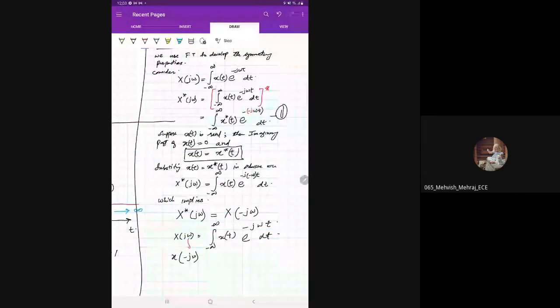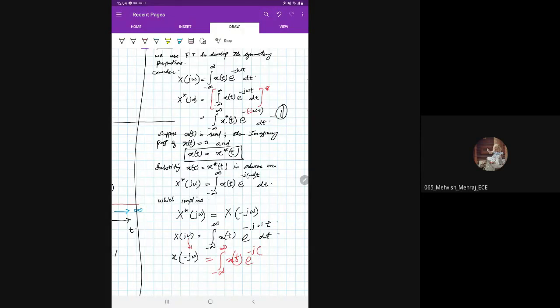So what is the difference here between this and this? Omega is replaced by minus omega. So you have minus omega here also. You will write down, it will be equal to the integral from minus infinity to plus infinity of x of t e raised to power minus j omega, तो अपना ही है.